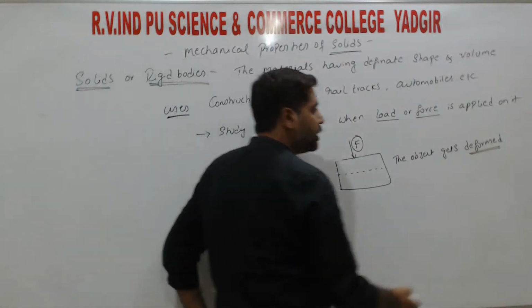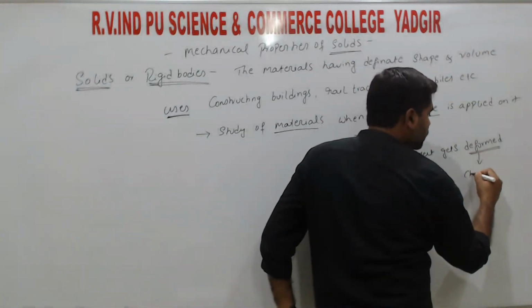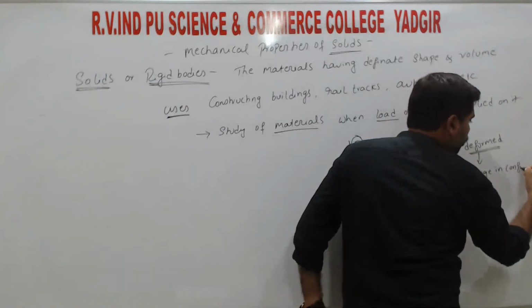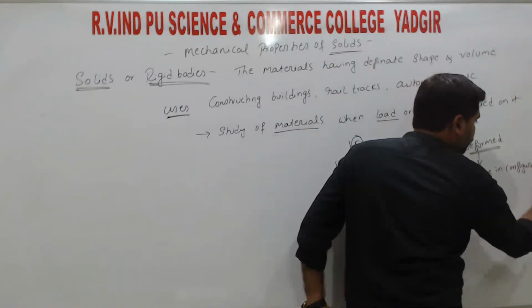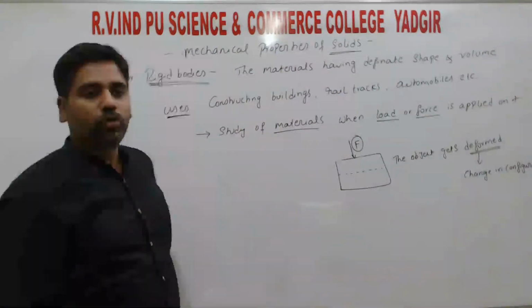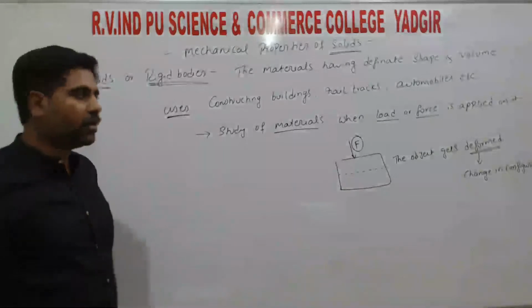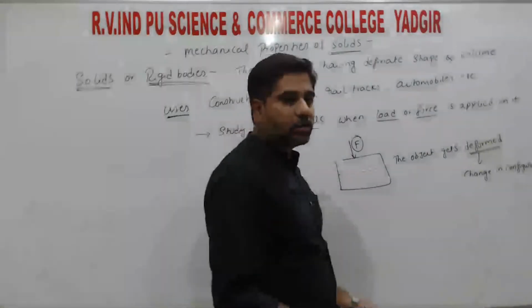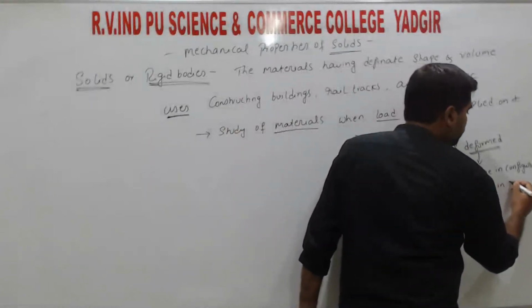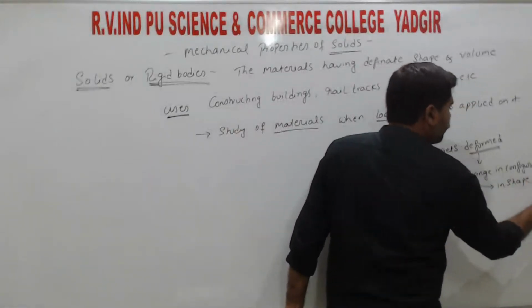Deformed means shape changes, that is change in configuration. Configuration can be length or breadth, anything, right? Change in configuration or change in shape. In simple words, change in shape, right?